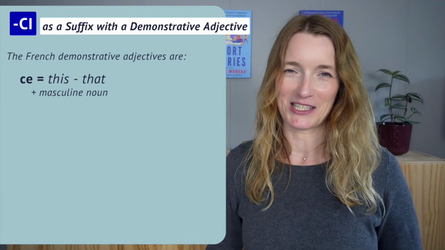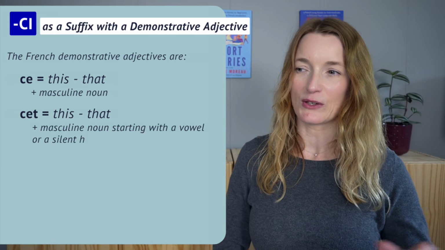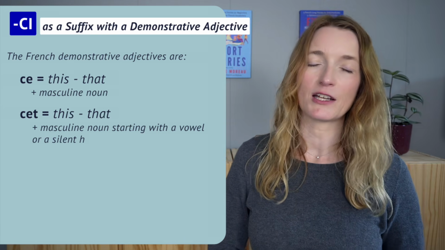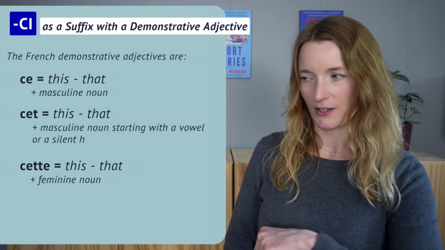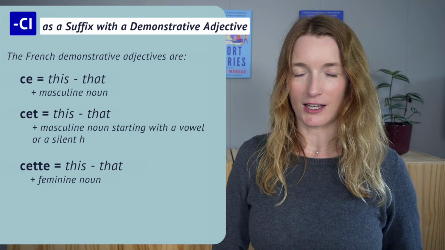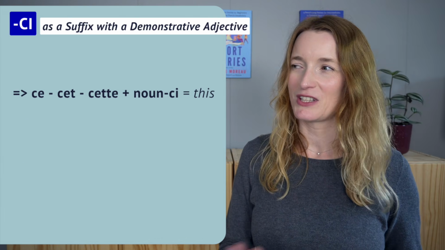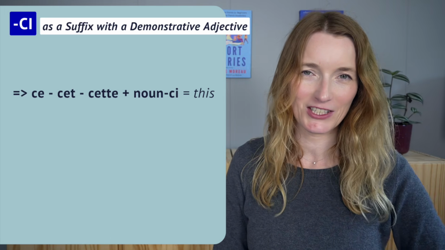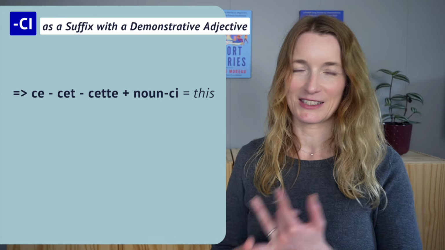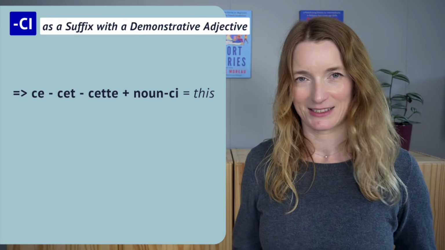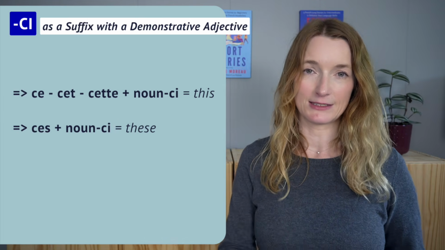The French demonstrative adjectives are ce plus a masculine noun, cet plus a masculine noun starting with a vowel or a silent H, cette followed by a feminine noun, and then we have ces for any noun that's plural. In today's lesson, we are going to focus on the translation for ci. So ce, cet, cette plus ci equal this. And then ces plus noun plus ci equal these.